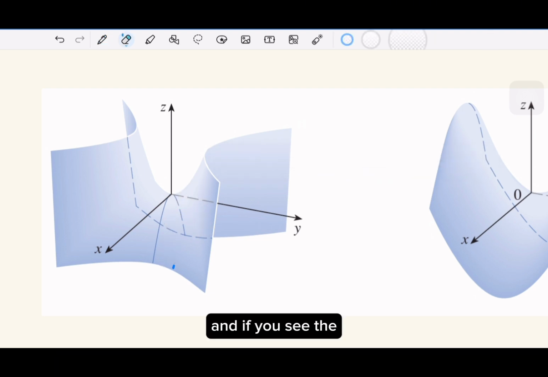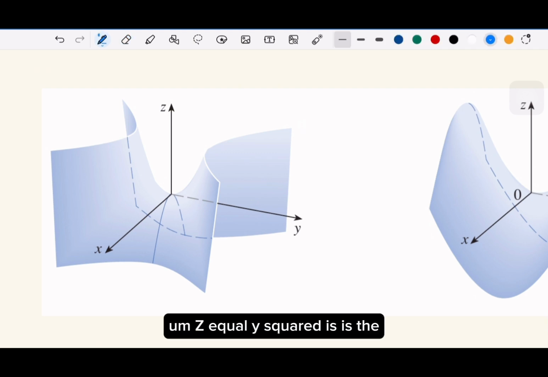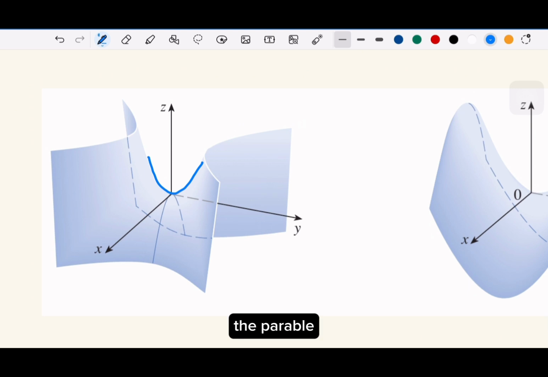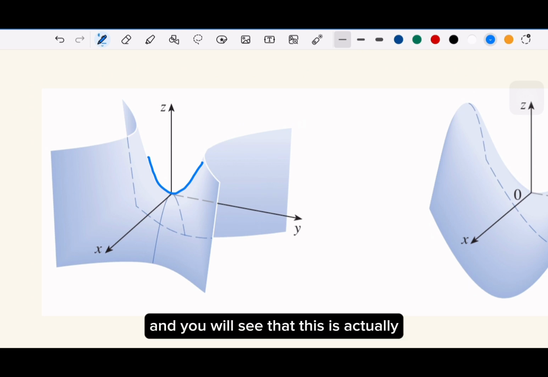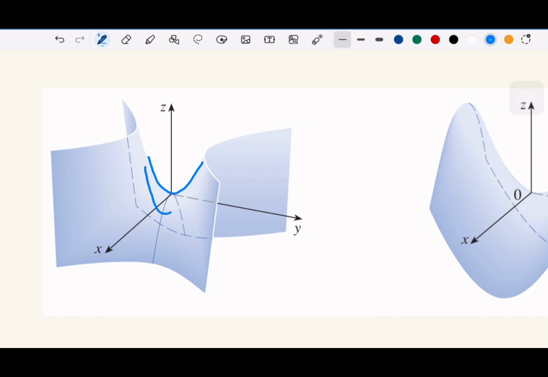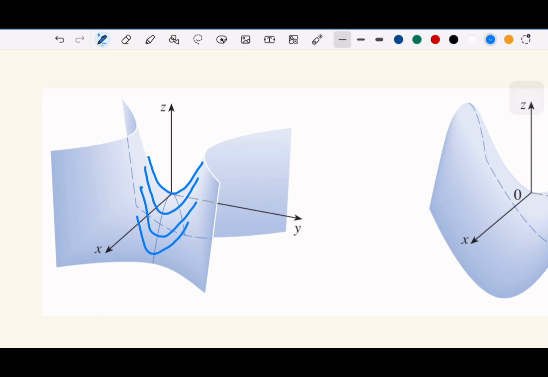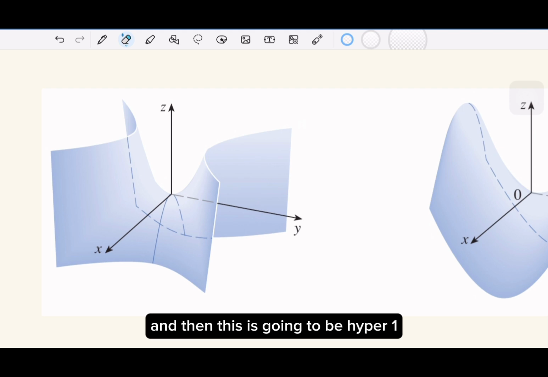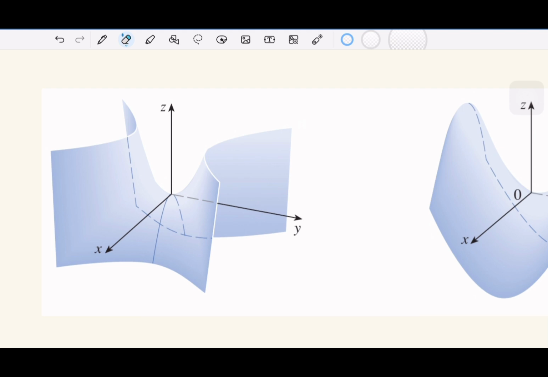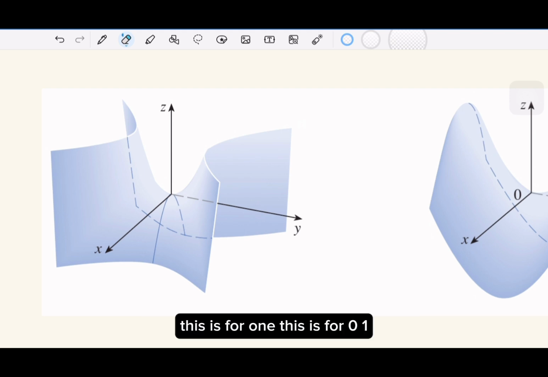And if you see z equal y squared, this is the parabola, and you will see that this is actually going down like that, and going down until we get to the positive x. And then this is going to be the hyperbola. This is for z equal negative 1, this is for z equal 1.